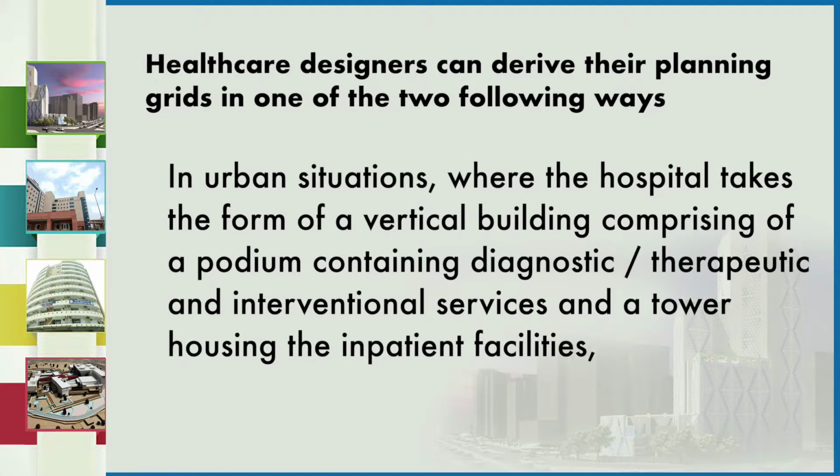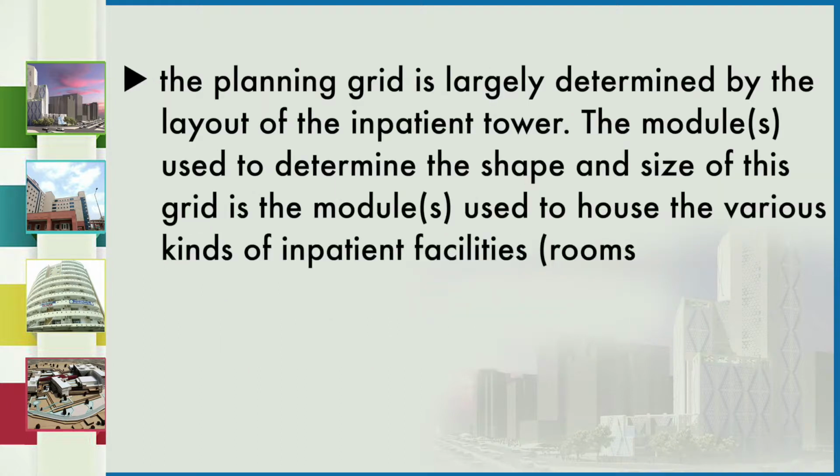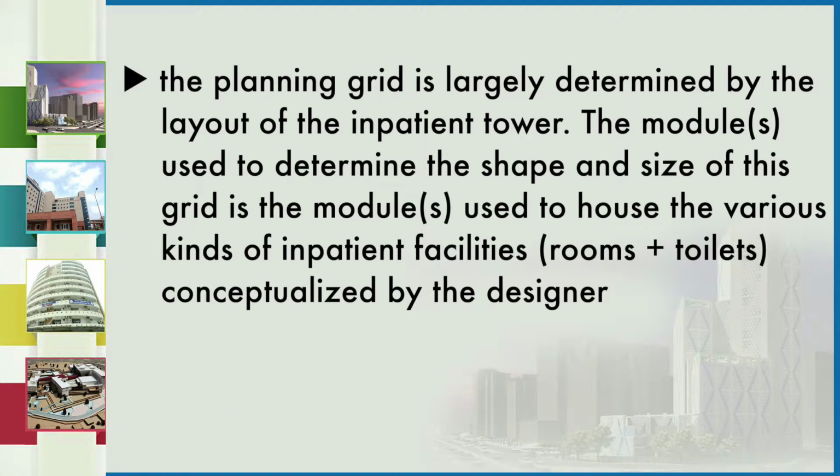In urban situations where the hospital takes the form of a vertical building comprising a podium containing diagnostic, therapeutic and interventional services and a tower housing the inpatient facilities, the planning grid is largely determined by the layout of the inpatient tower.